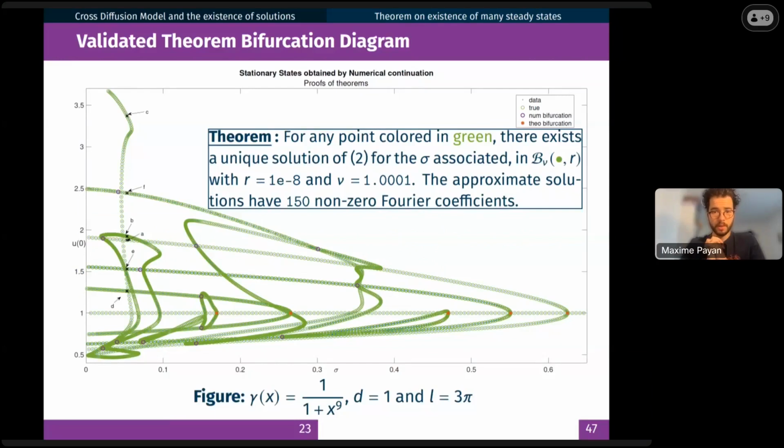The theorem is that for those 6,000 points, there exists a unique theoretical solution in the neighborhood of radius R equal to 10 to the power minus 8, and we have exactly this. So it informs us on the dynamics of the system and shows that the behavior of the system is exactly that.